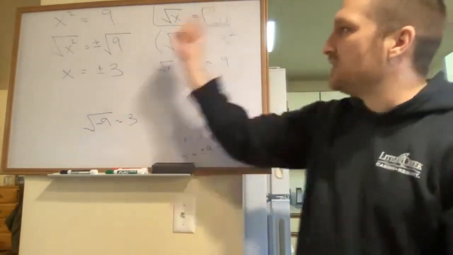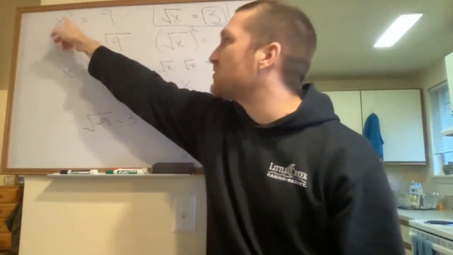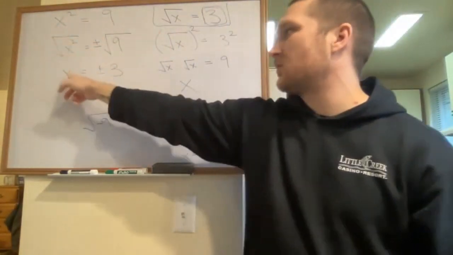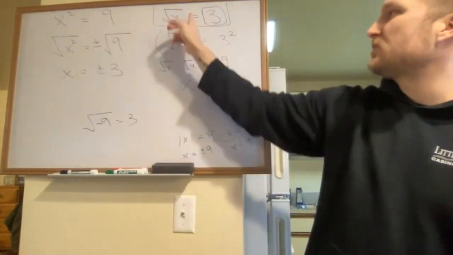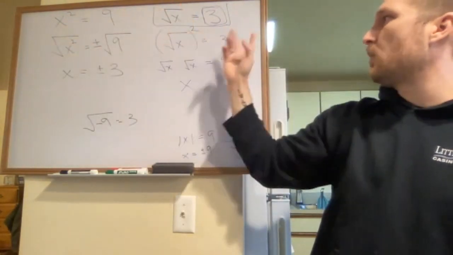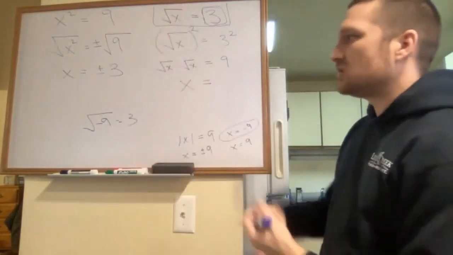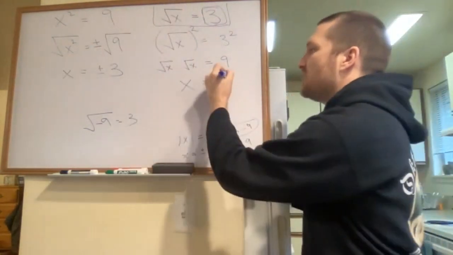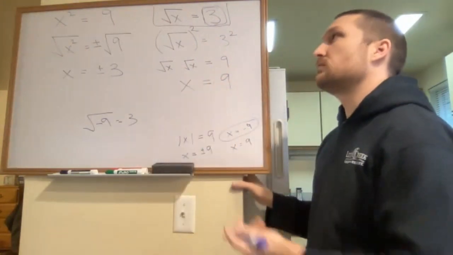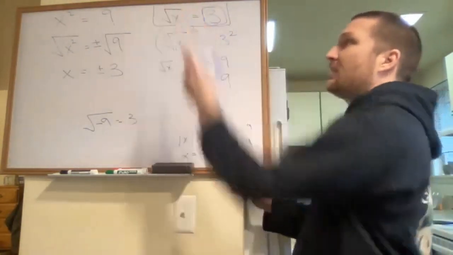Like we're undoing this, right? Here you squared something, you undo it by taking a square root. Here, you took a square root, you undo it by squaring both sides, giving you the thing that was inside, just by itself. And then you find x equals 9, which is what we expect. That's the only way that works.